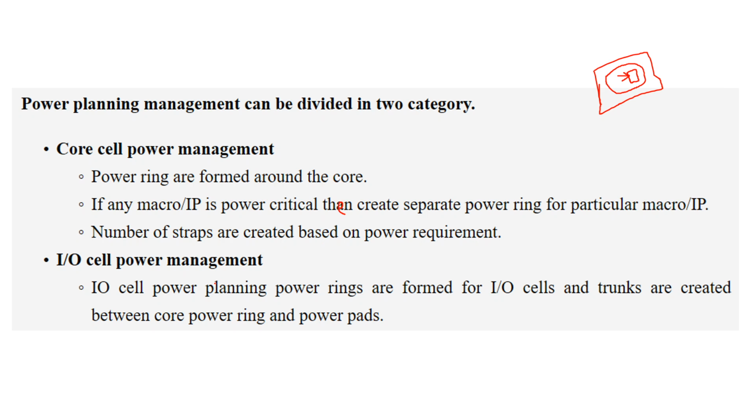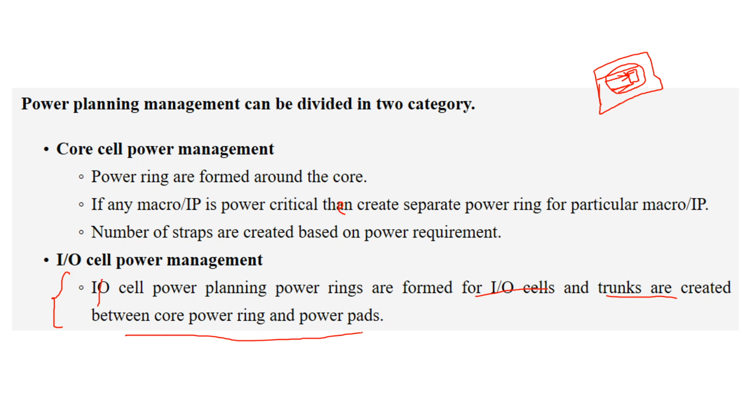The number of straps created is based on power requirement. I am creating the straps from this ring; we can call it a sub-supply. This should be created based on the requirement. This is how it should be managed. The second category is input output cell power management. In input output cell power planning, power rings are formed from input output cells, and trunks are created between core power rings and power pads.